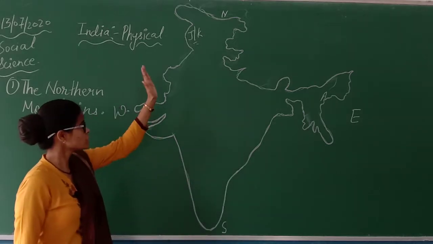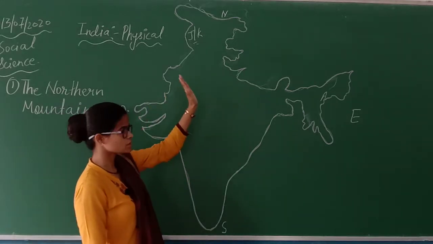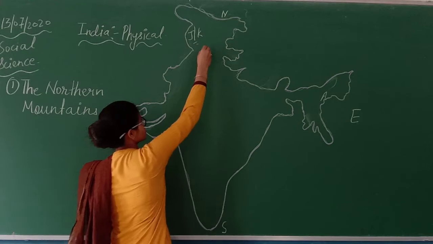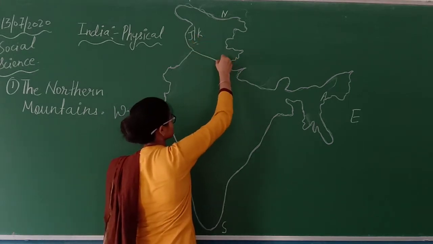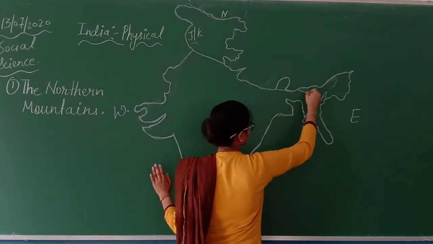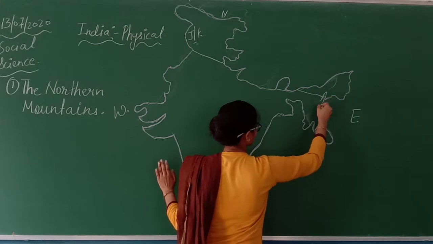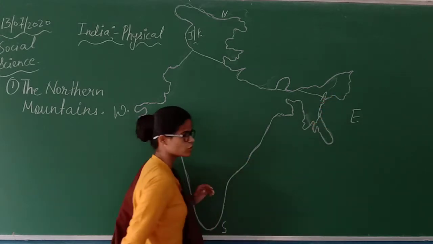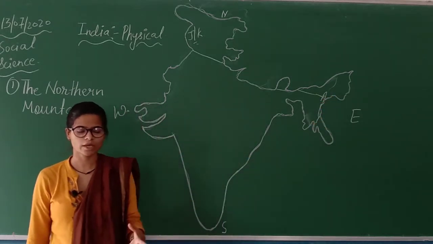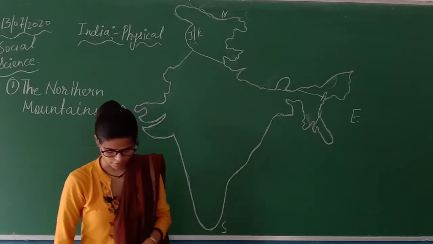So this whole part is the Northern Mountains, or you can denote it with brown color so that it is very easy for you to understand where the Northern Mountains are located.